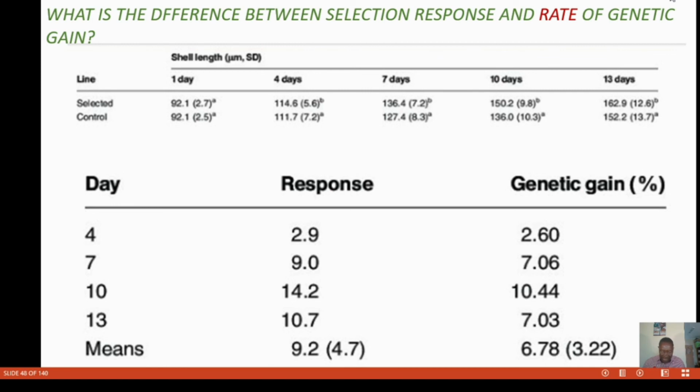So basically, here we can see that they are saying different things. You can see that the genetic gain and the response are not the same values. Think about it, because the genetic gain has a different formula and the response has a different formula as well. So again, these are going to be expected to be different.